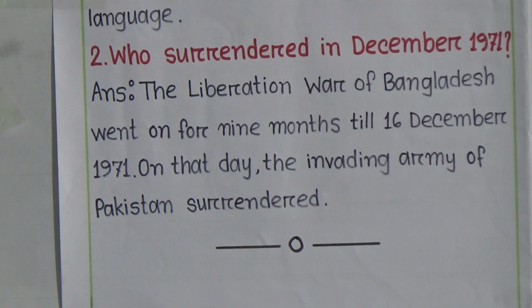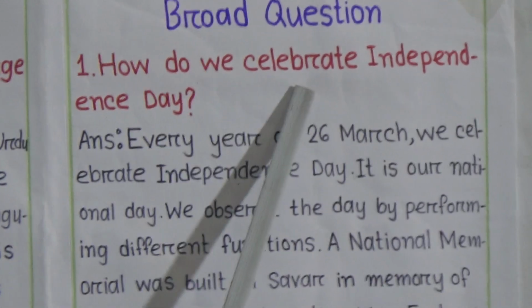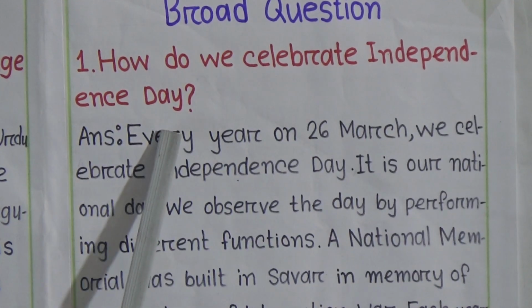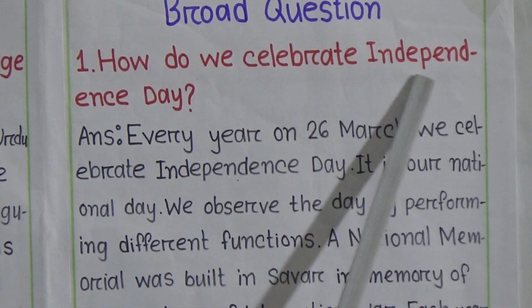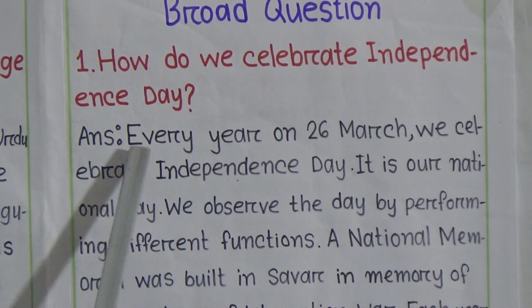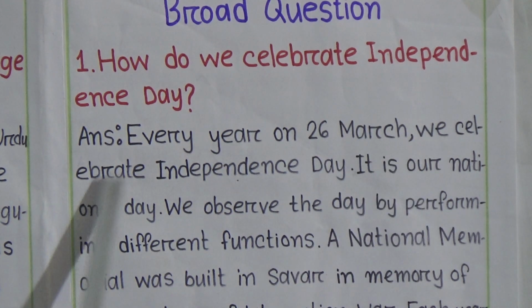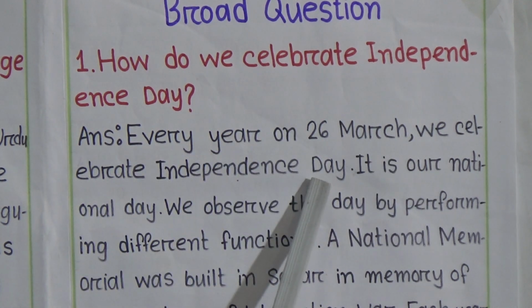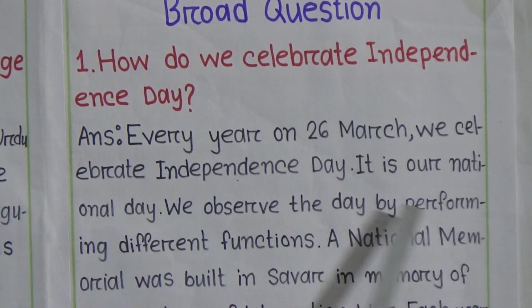Now we'll learn broad question 1. Our question is, how do we celebrate Independence Day? The answer will be, every year on 26th March we celebrate Independence Day. It is our national day. We observe the day by performing different functions.